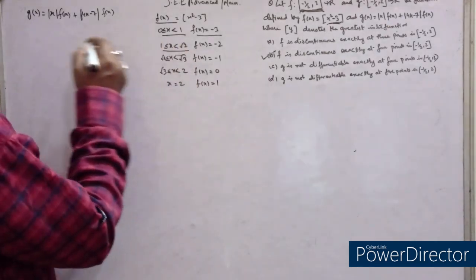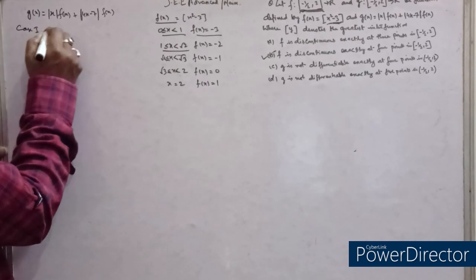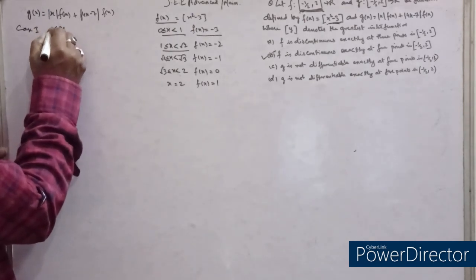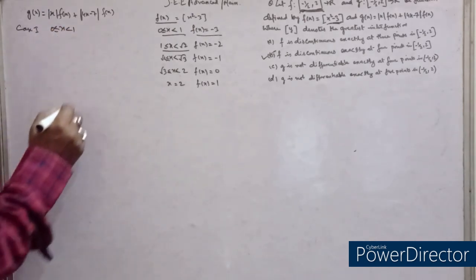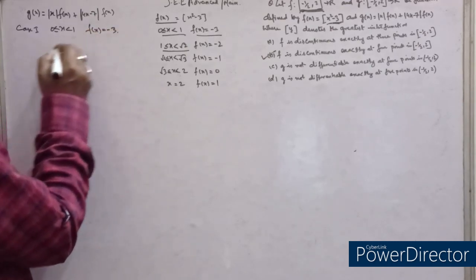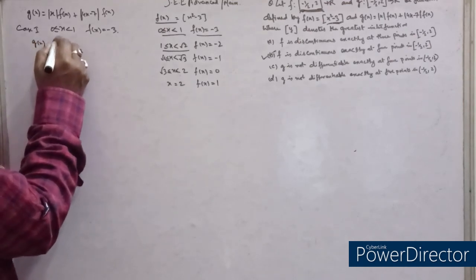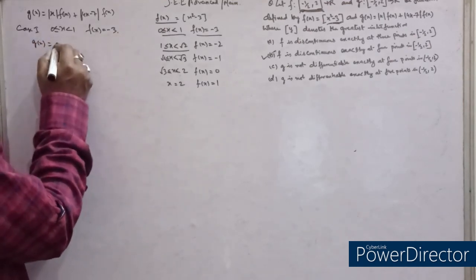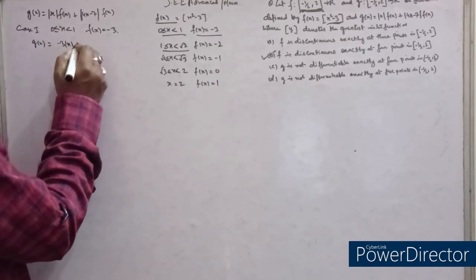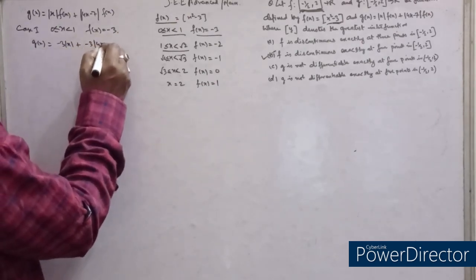For case 1, x greater than or equal to 0 and less than 1, your f(x) is equal to minus 3. So here your g(x) will be minus 3 modulus x plus minus 3 modulus of 4x minus 7.